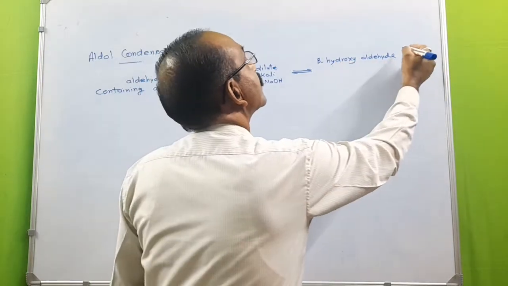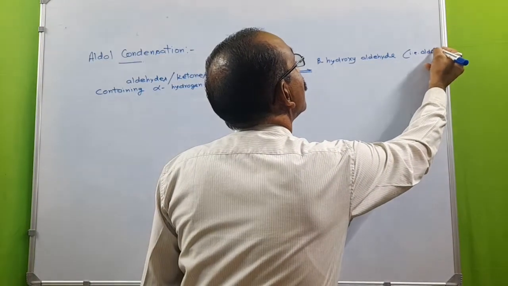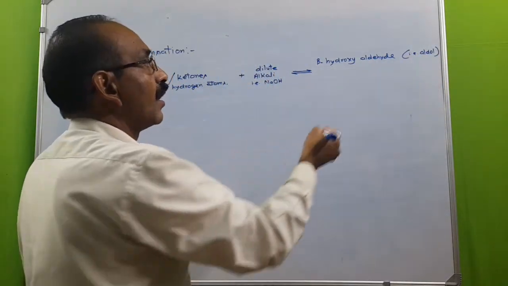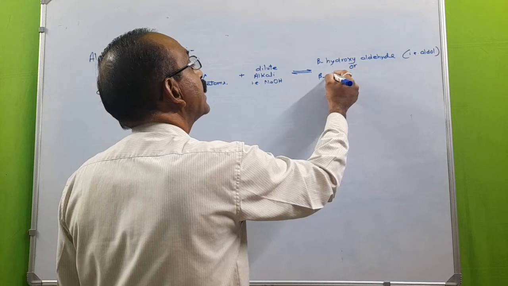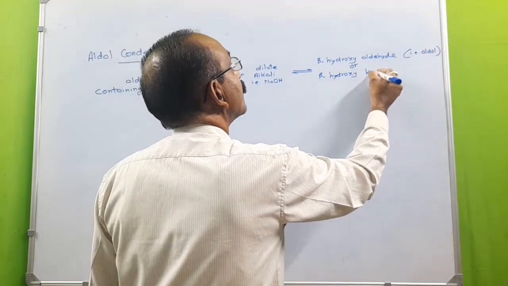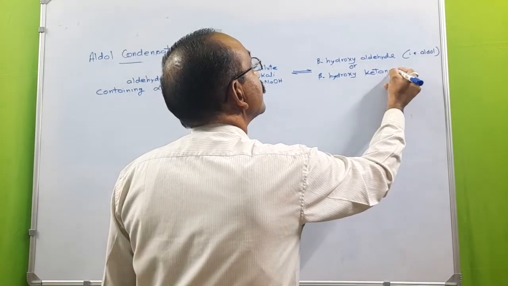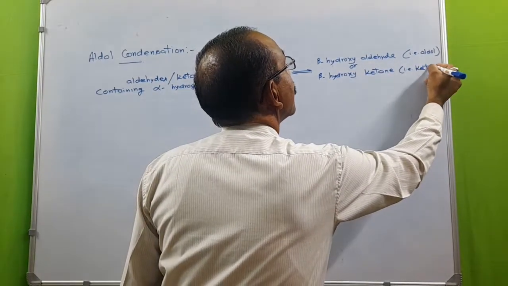This beta hydroxy aldehyde is called aldol. Or if ketone is taken, then we will get beta hydroxy ketone.